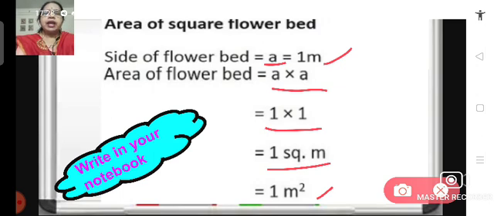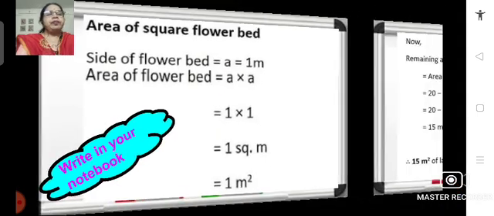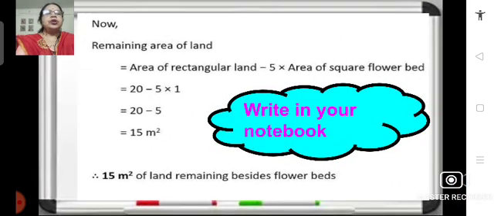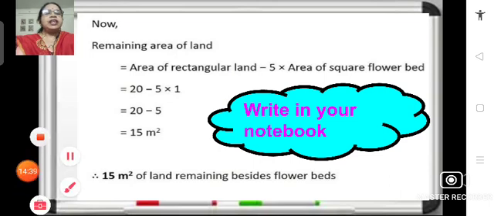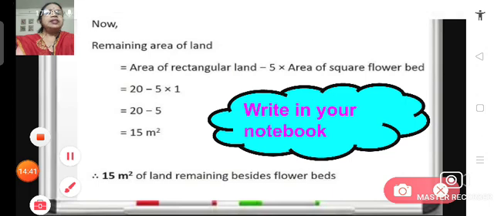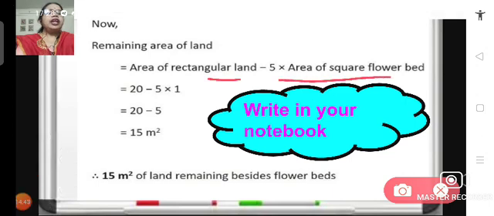How many flower beds do we have? We have 5 flower beds. So we have to find the area of 5 flower beds. So the remaining area of land will be the area of the rectangular land minus the area of 5 square flower beds. The area of the rectangular land we have found out, it is 20 square meters, and the area of one flower bed is 1 square meter.